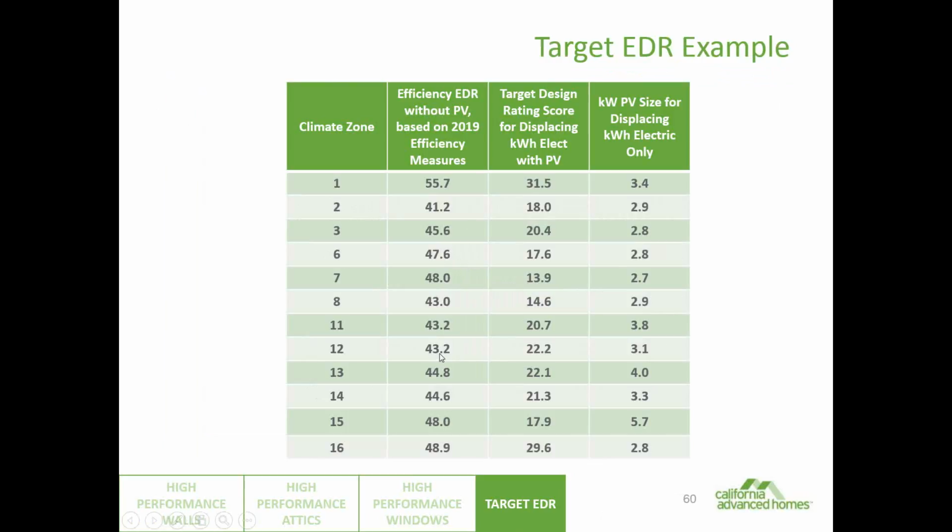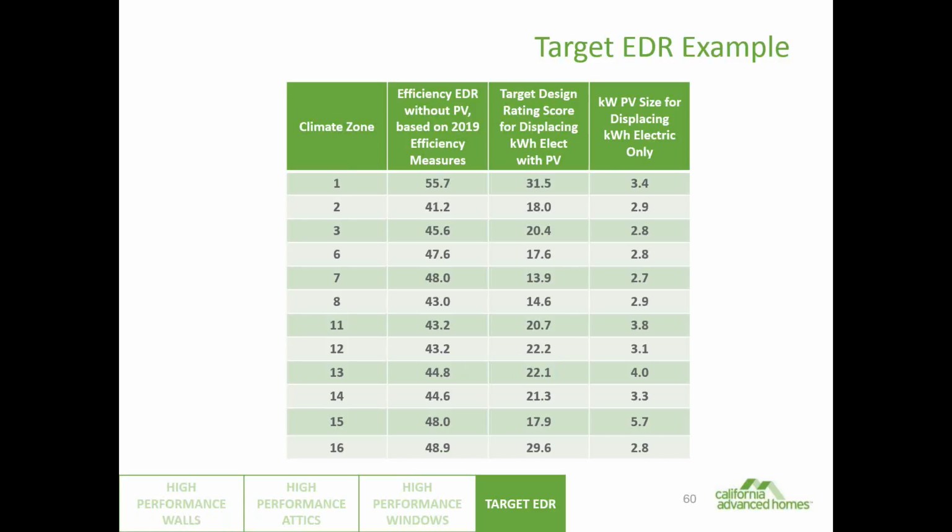That's where I'm standing now. So efficiency wise, the building is going to have to be at a 43.2. And then the target design rating is going to have to be at 22. And how you get from 43 to 22 can be some combination of efficiency or generation. Like I said, probably PV.